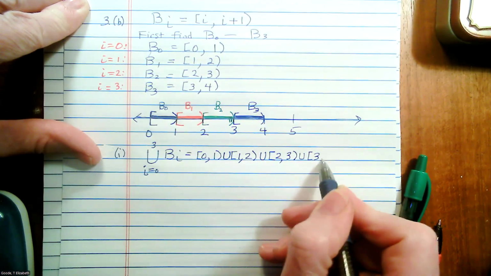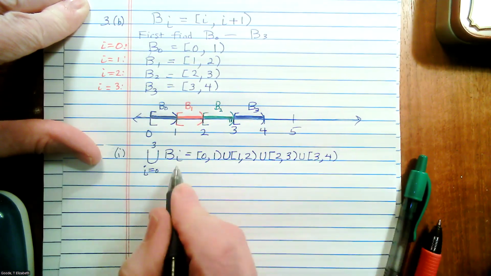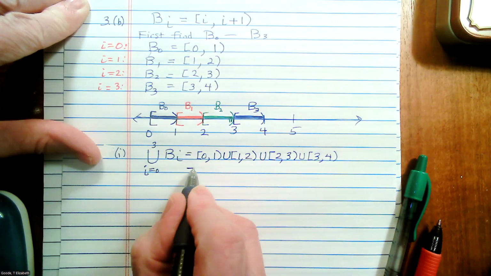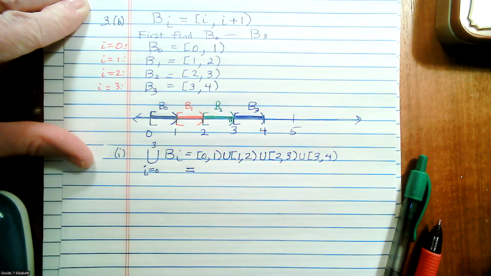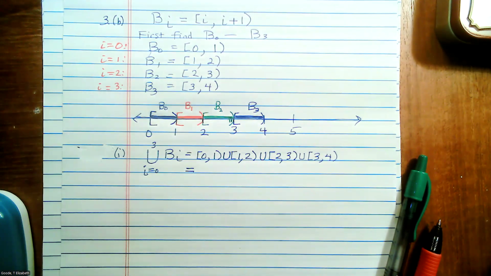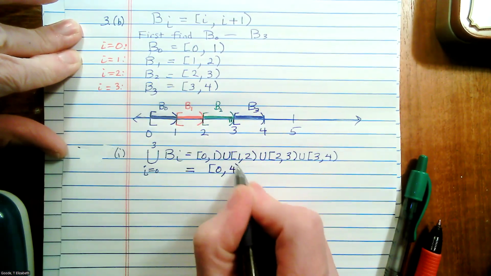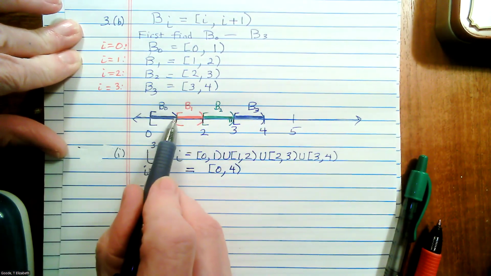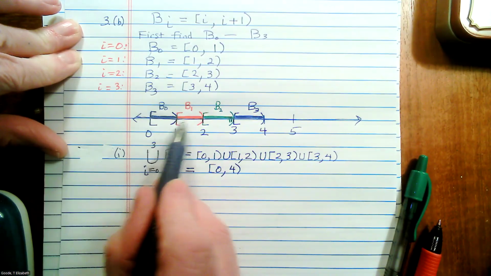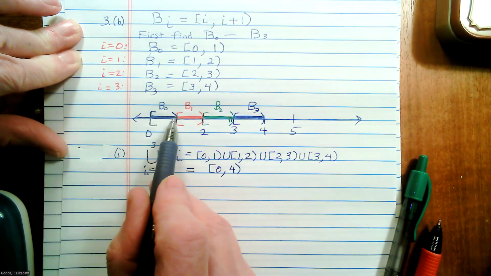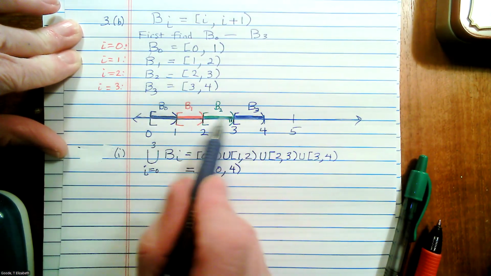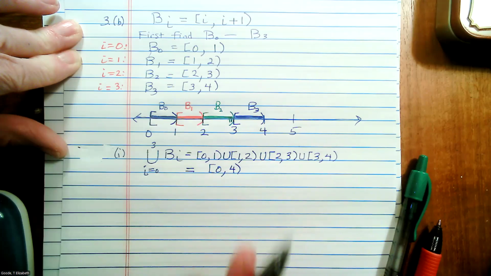So when we really look at that, can we express that as a single interval? Would it be 0 to 4, but include 0 and not 4? Exactly. Because these don't share any elements at these integer points, but there's a continuous flow, and we're not missing anything.